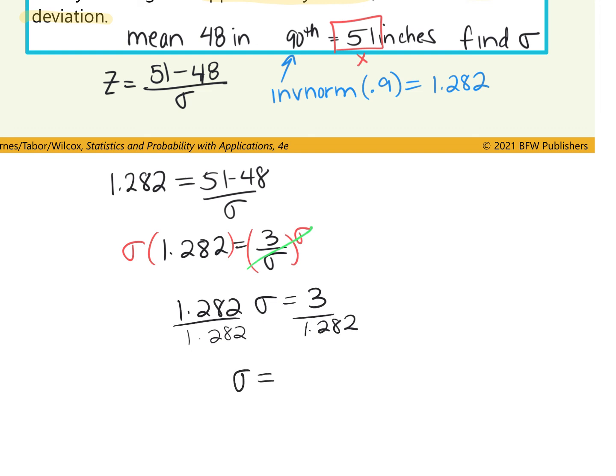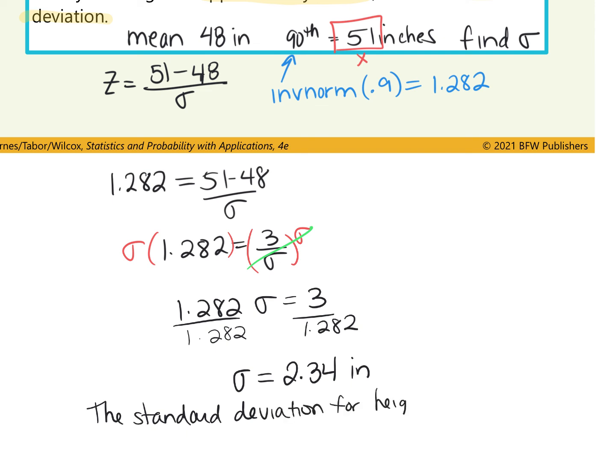So sigma equals 3 divided by 1.282, which equals 2.34 inches. So the standard deviation for heights of 7-year-old girls is 2.34 inches.